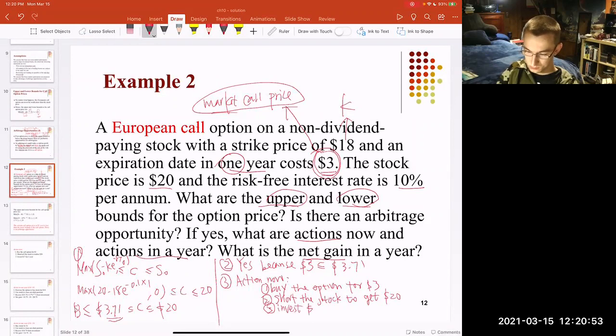Because you get $20 by selling the stock, and you need to pay the option $3, how much can you invest? $17. Yes. Make sure you understand why 17: the money you receive is 20, the money you pay is 3, so the money left is 17 for 1 year. So that's the action now. Then the action in 1 year.